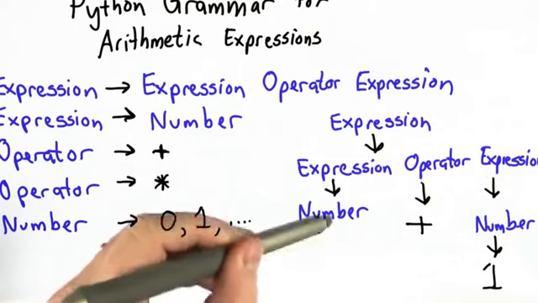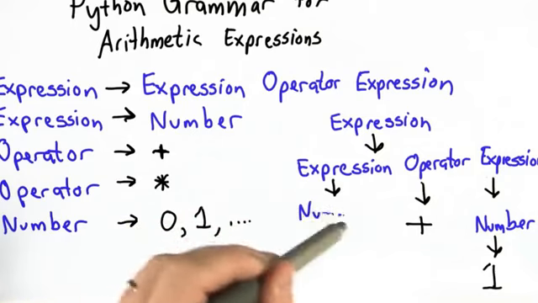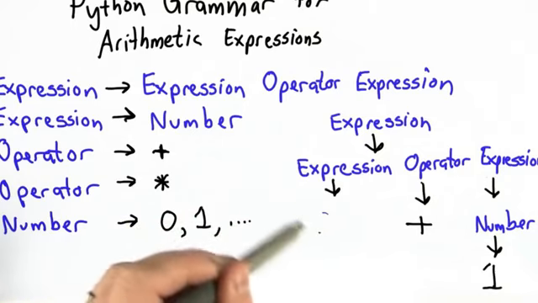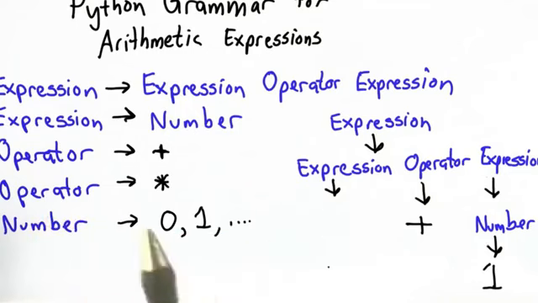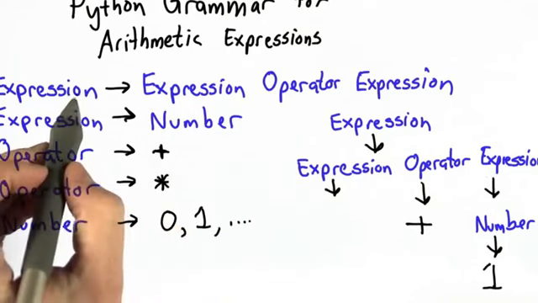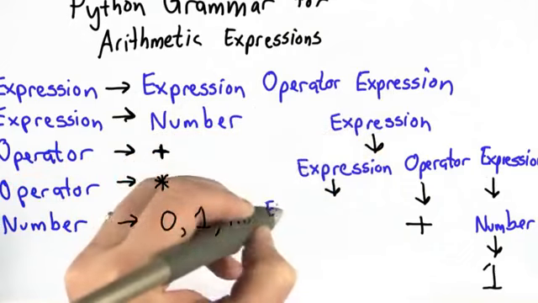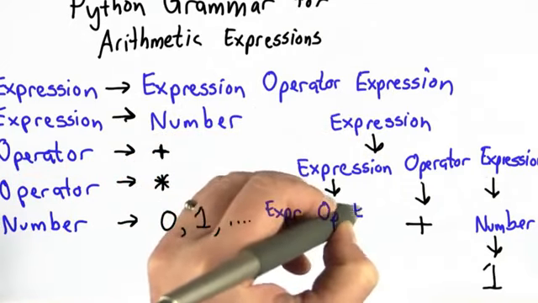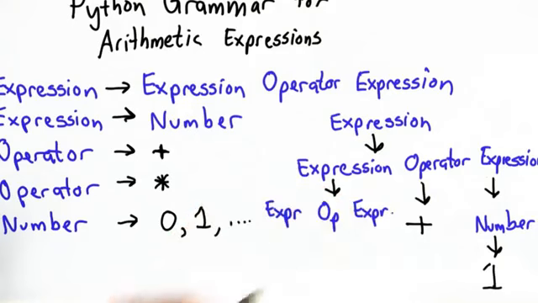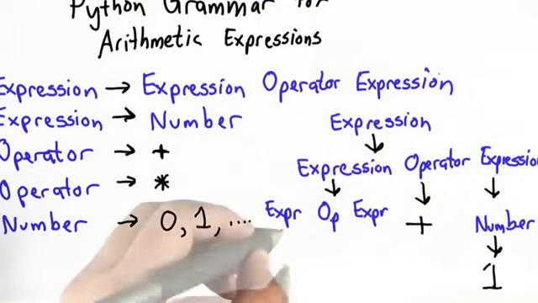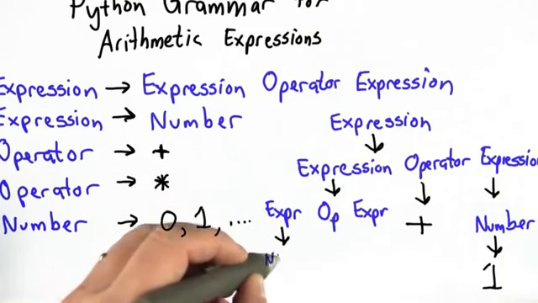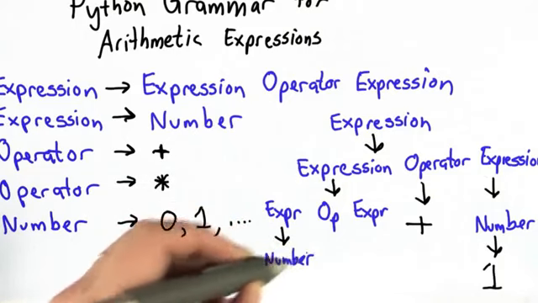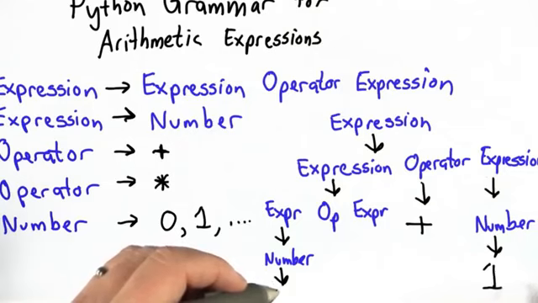Instead of replacing this expression with a number, we could replace this expression with another expression, operator, expression. So we're going to use the first rule, replacing expression with expression, operator, expression here. And I'm going to start abbreviating. So EXPR is an abbreviation for expression, op for operator, and EXPR, but we're just using this rule. And now we could do the same thing again, replacing this expression with a number and replacing that number, let's say, with the number 2.